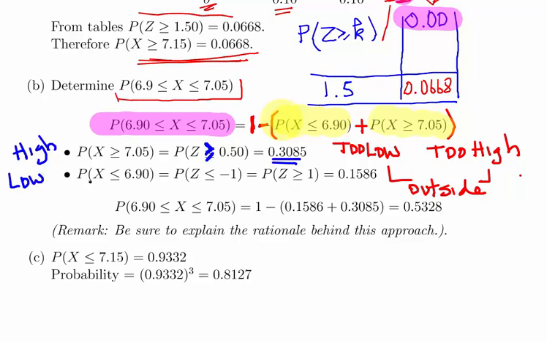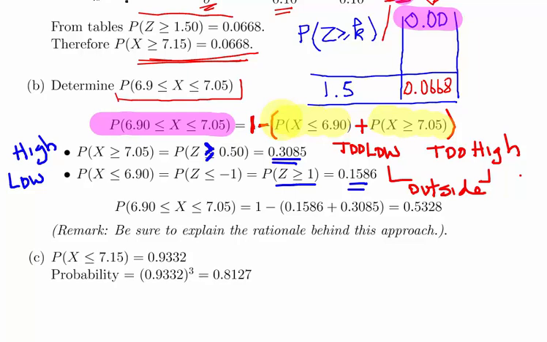Being too low for the interval, the probability of x less than 6.90 is equivalent to the probability of z being less than negative 1.00. Using the symmetry rule, that is equal to the probability of z being greater than 1.00, and when I look that up in the tables I should get 0.1586.